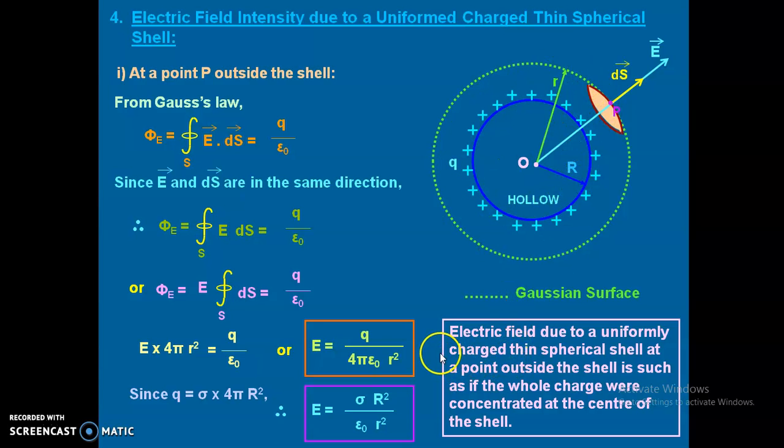So we can give this statement: electric field due to a uniformly charged thin spherical shell at a point outside the shell is such as if the whole charge were concentrated at the center of the shell. We can assume the total charge q is concentrated at this particular point, then only we are getting this kind of formula, okay?